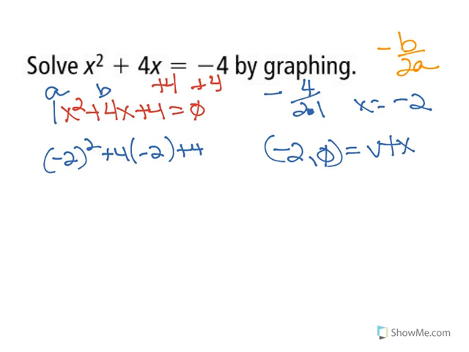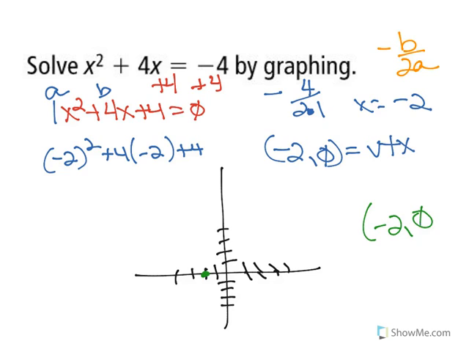So on our graph, let me put some tick marks there. Sorry, those are some crazy tick marks. Let's graph our vertex, negative 2, 0. Notice that it's on the x-axis. That's going to be our one and only actual answer to the question about solving it.